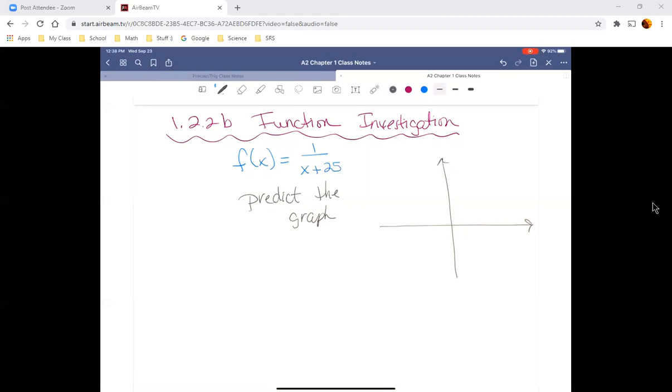You guys got your prediction down yet? And then after you make a little graph of what you think it's going to look like, jump on your school Chromebook and go to Desmos.com.